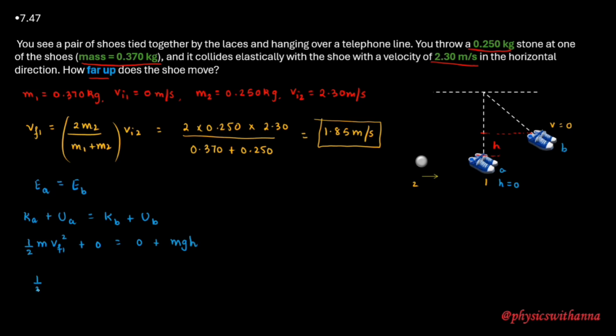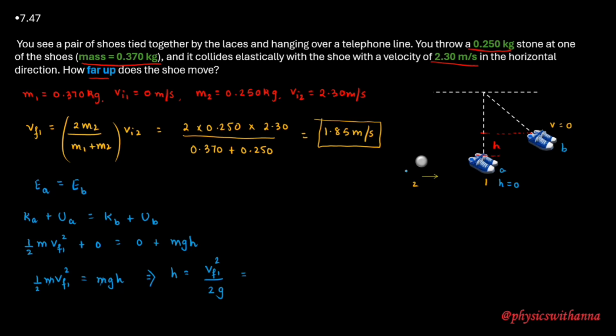So we get half m v final 1 squared equal to mgh. Cancel off the m's, which is the mass of the shoe. Then when you rearrange, you get h equals v final 1 squared over 2 times g, dividing by g on both sides.